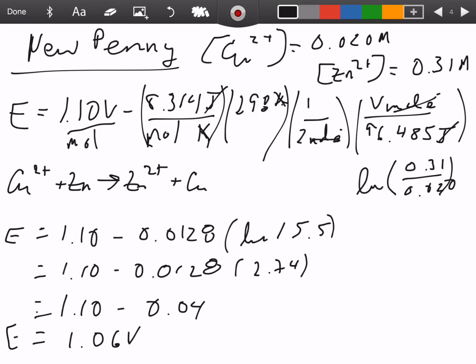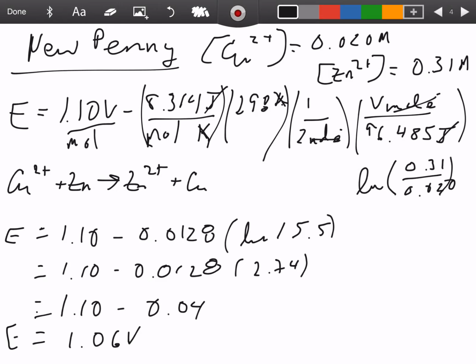Now the question is, does this make sense? I have 1.06 volts when I'm not under standard conditions, as opposed to 1.10 volts under standard conditions. So I became less spontaneous. I have a lot more zinc 2 plus than copper 2 plus.